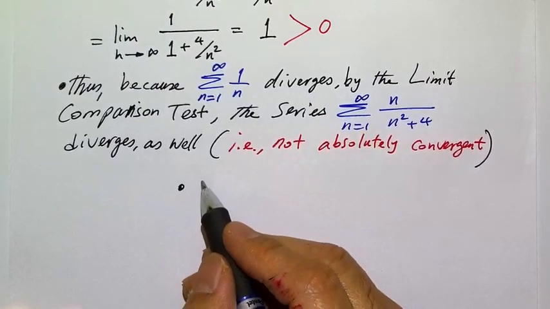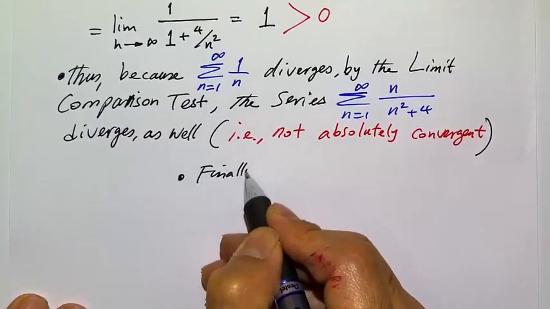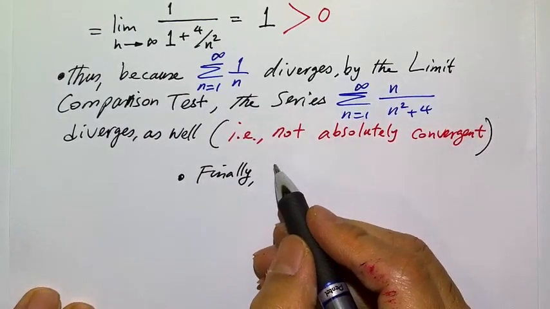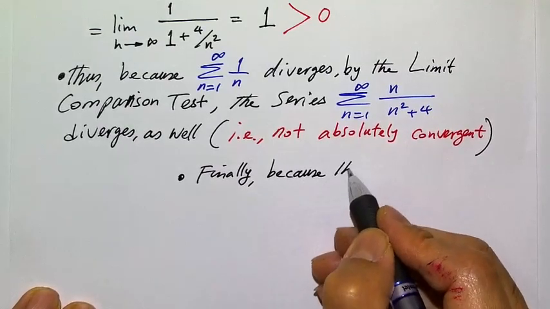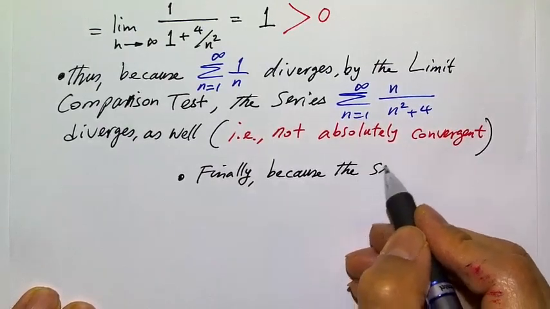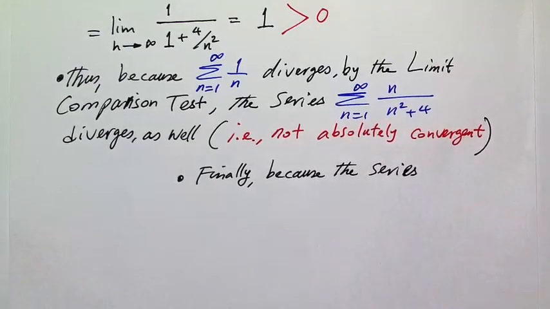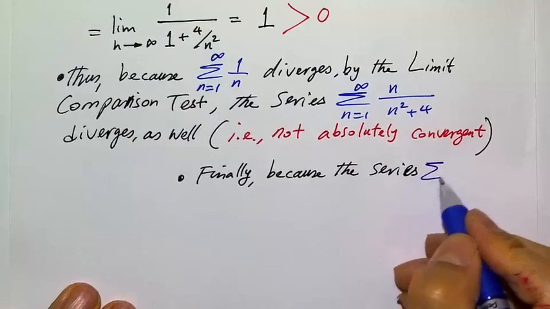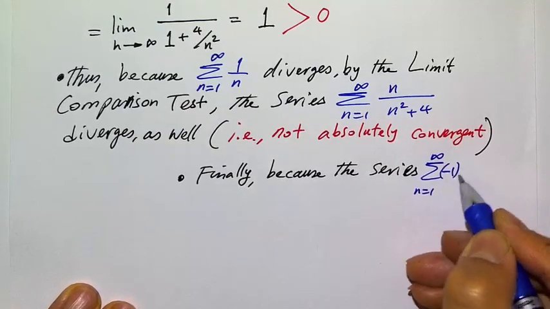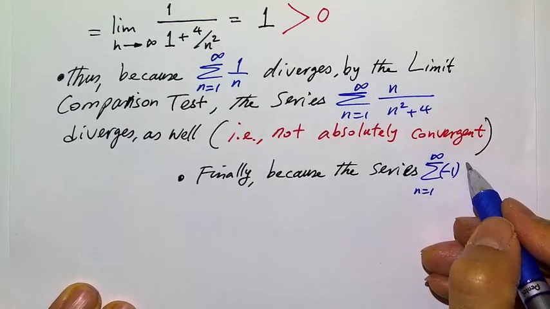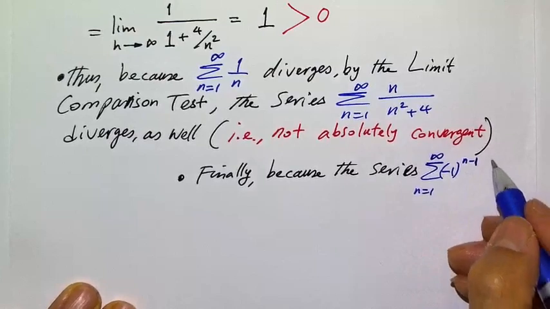Thus, or therefore, or let me say finally, because the series with n minus 1, so this is the alternating series, right?